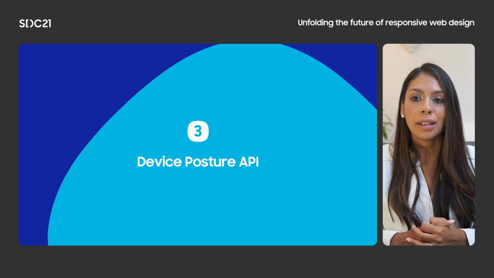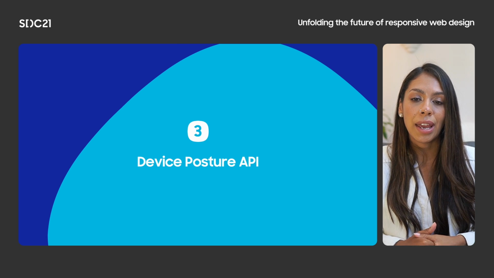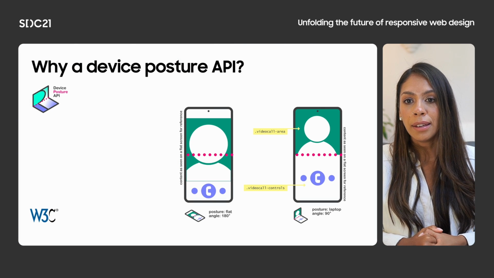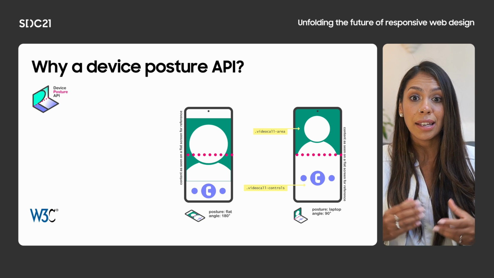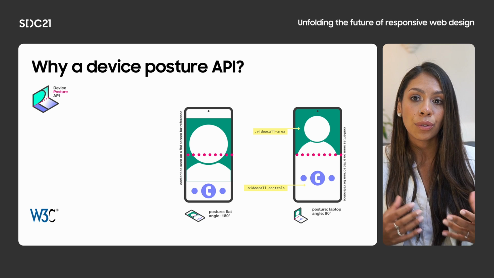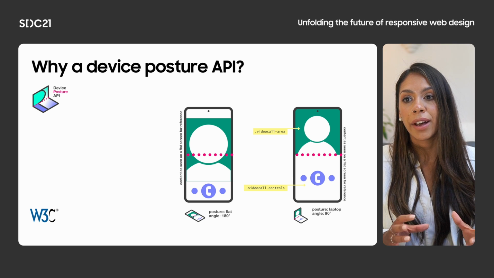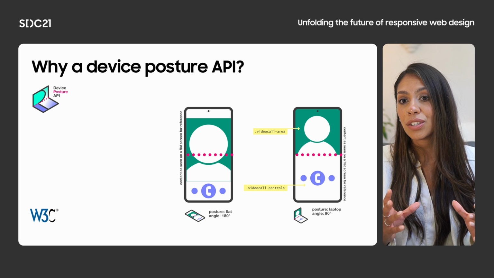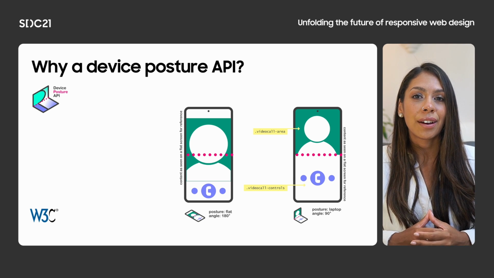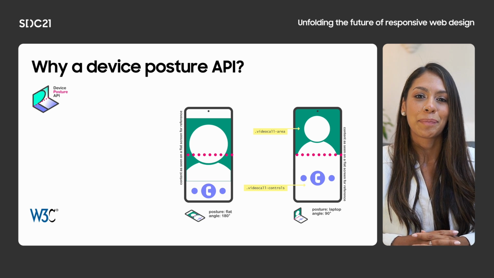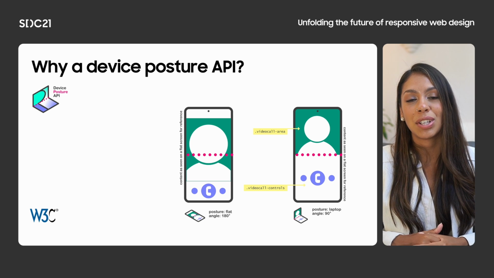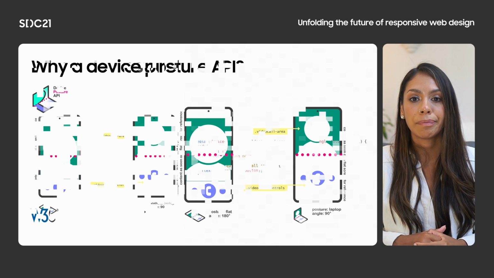The answer is implementing the Device Posture API. Samsung is putting effort within the W3C, the World Wide Web Consortium, which creates international standards for the World Wide Web, into making a new web standard called the Device Posture API. It allows web applications to request and be notified of changes in the posture of a device.